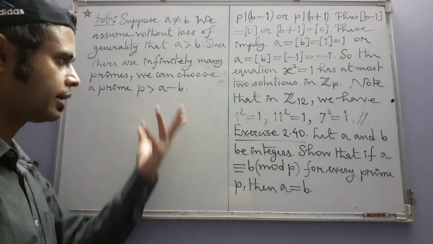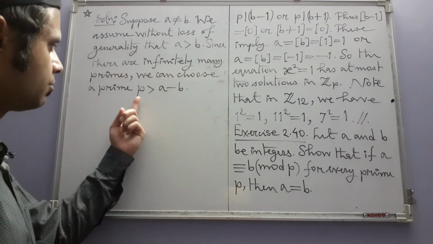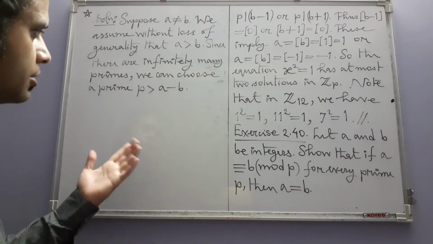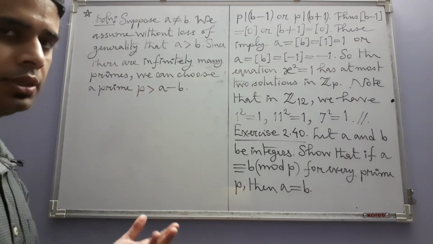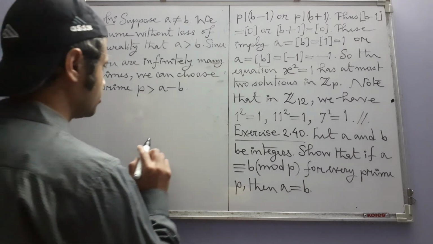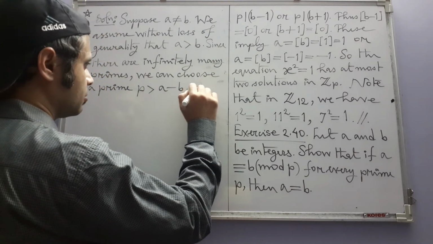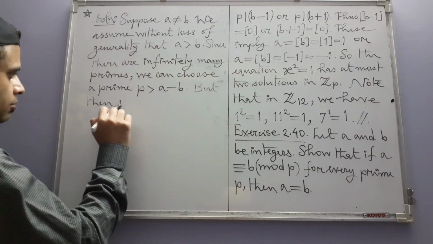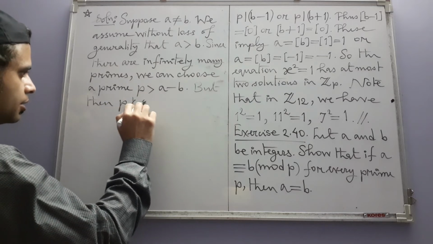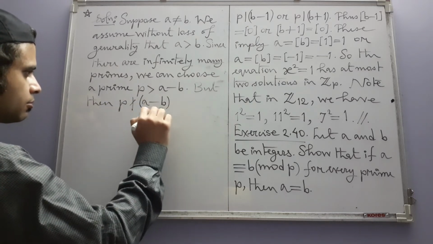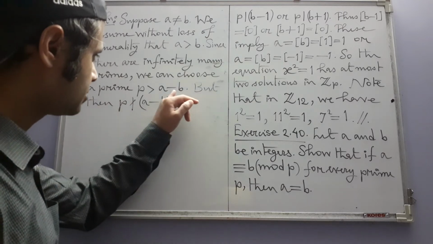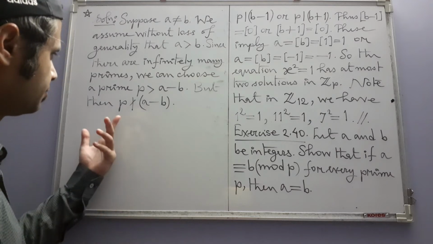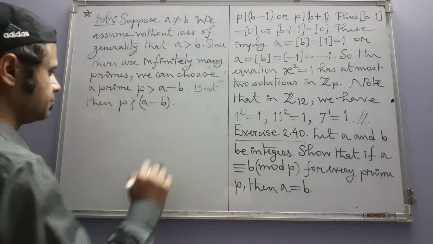But no matter how large A minus B is, we can always find a prime number greater than A minus B, because otherwise the set of primes would be finite, which is not true. But then P does not divide A minus B. Why? Because A minus B is now a positive integer less than P. So that is why P does not divide A minus B.